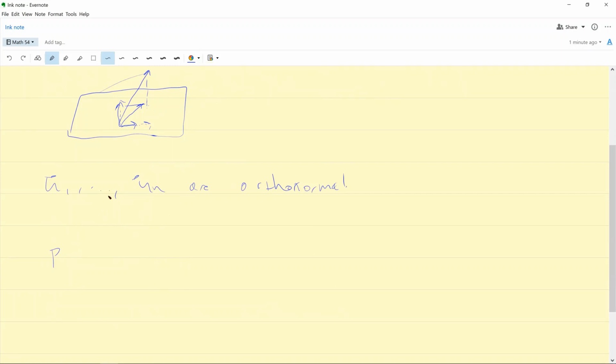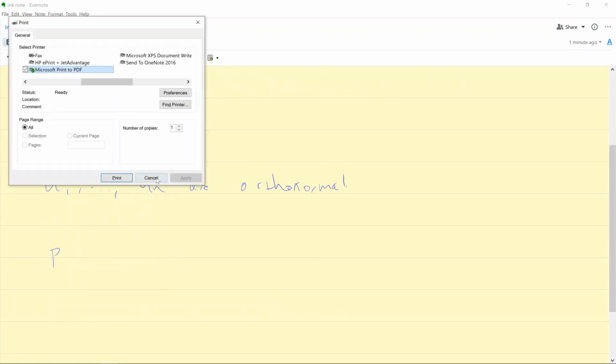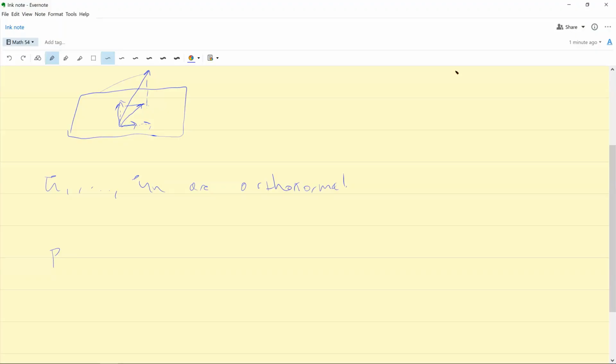And now the projection will look like this: we can just take y dot each individual vector and multiply it with that vector.